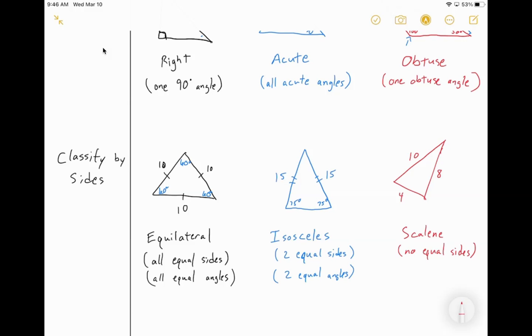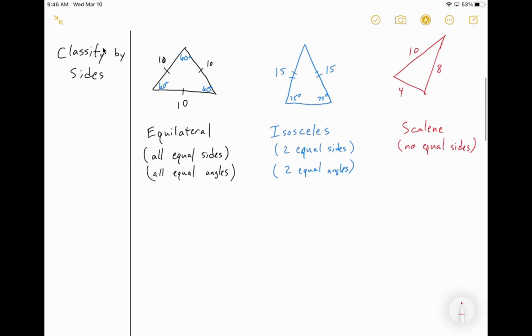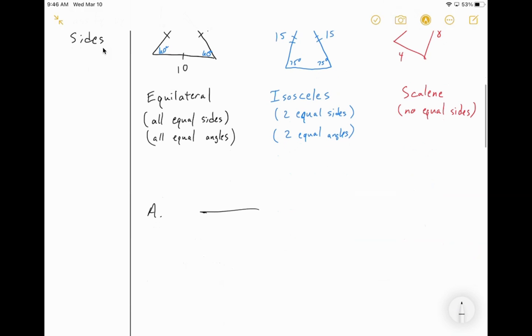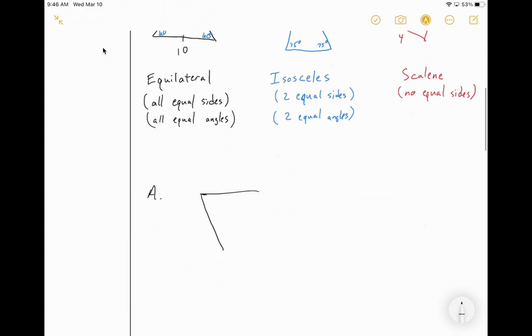So let's do an example here. Let's say we had a triangle that looks like this. All right.